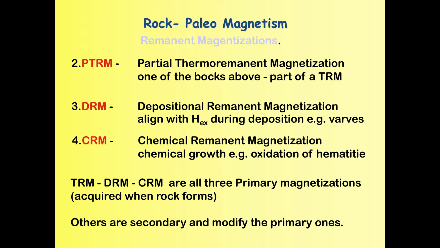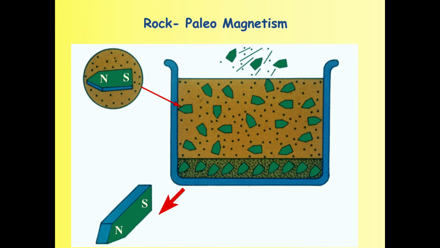These TRM, DRM and CRM are all, quote, primary magnetizations, and they are acquired when the rock forms. This is a little picture of DRM, and the idea is that the grains all line up with the magnetic field as they become deposited.